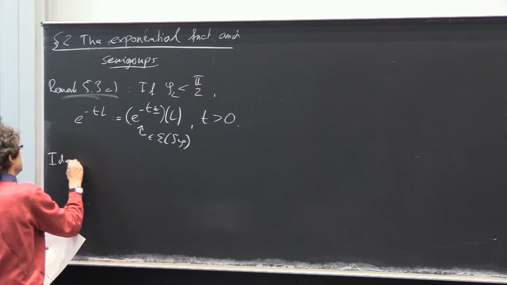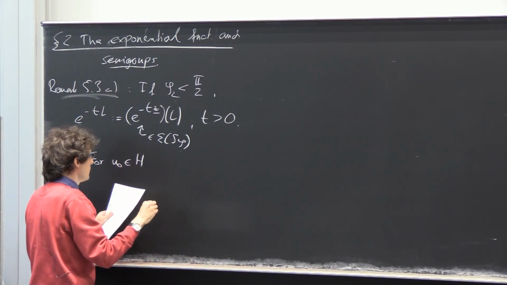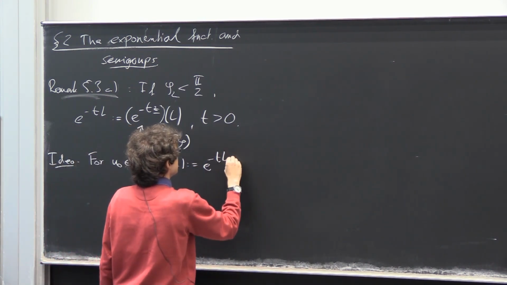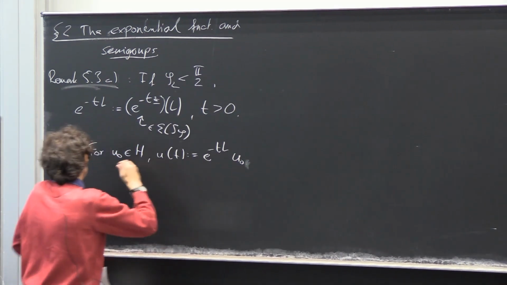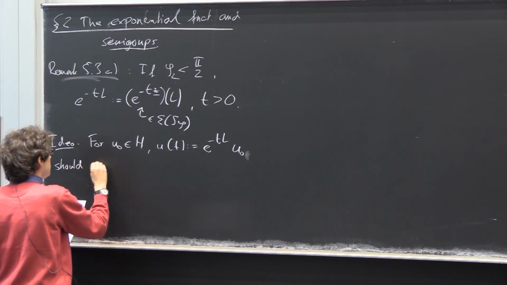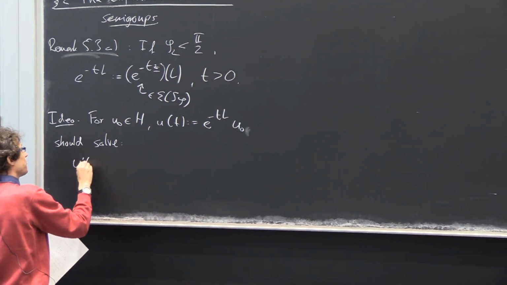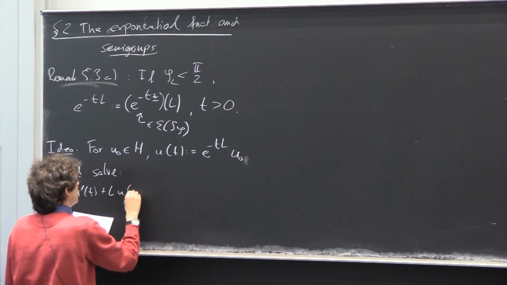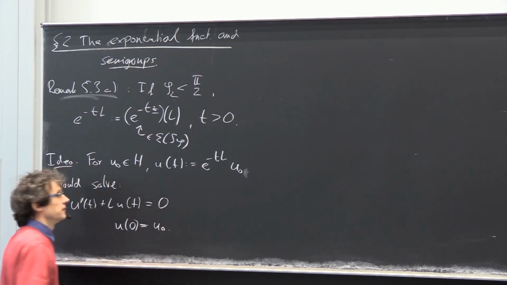So the idea is, if you give an initial value u0 in our Hilbert space H, and then you define the function u of t as e to the minus tL u0, then if everything works out nicely and as it should, this should solve a differential equation of the form u prime of t plus L u of t equals 0 with initial value u of 0 equals u0.